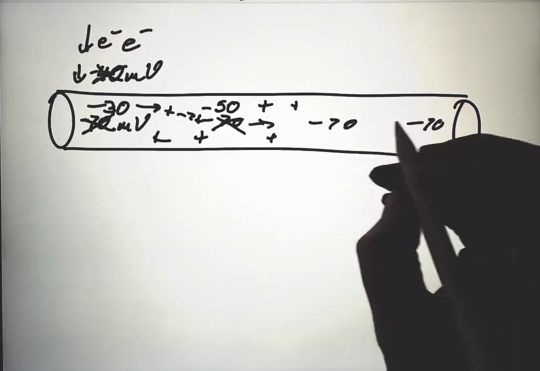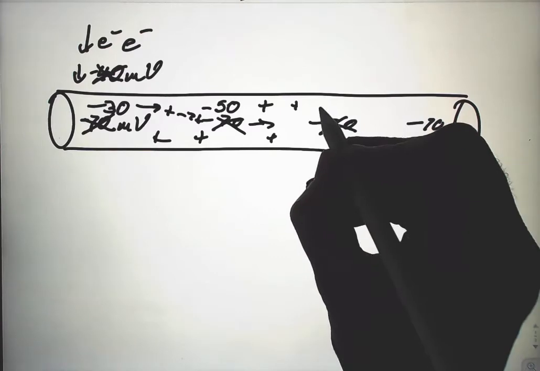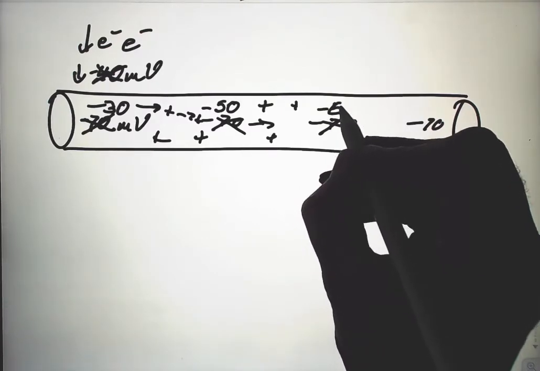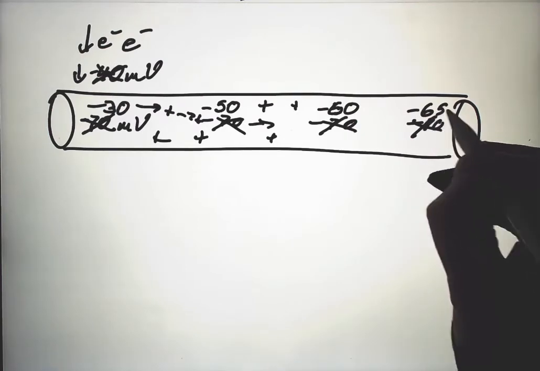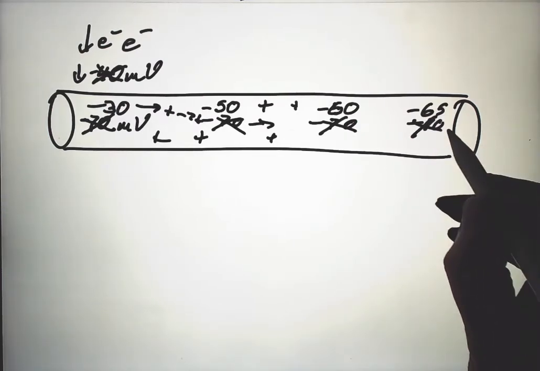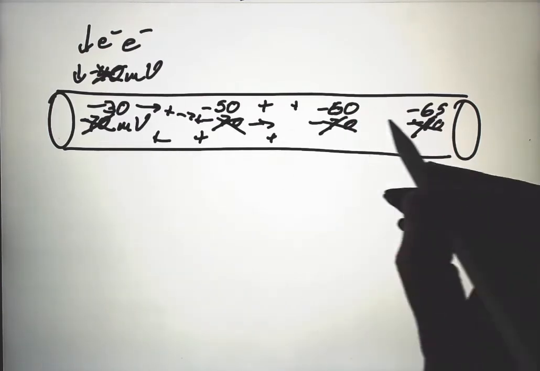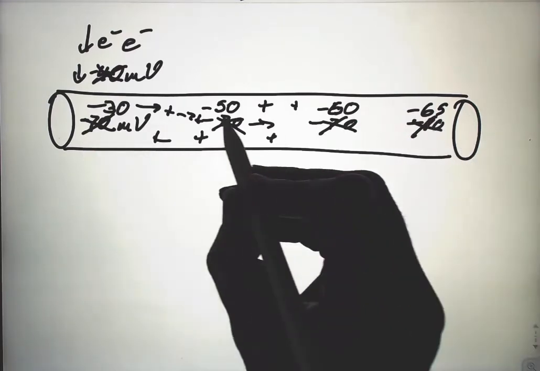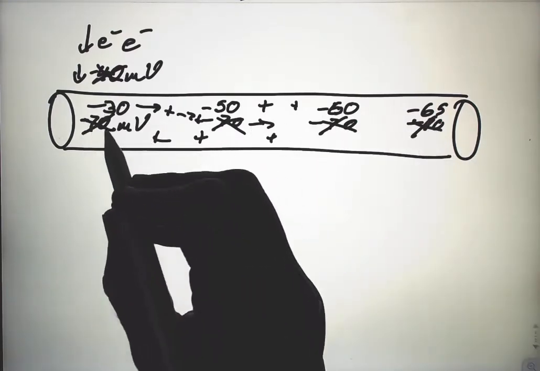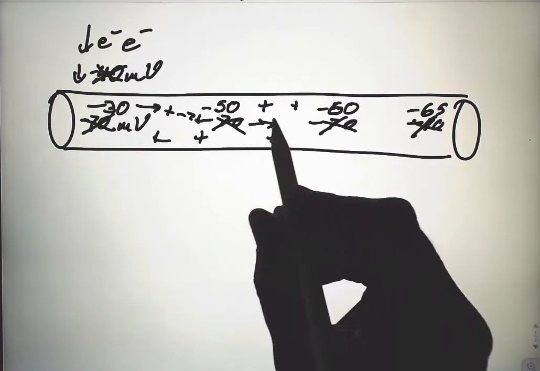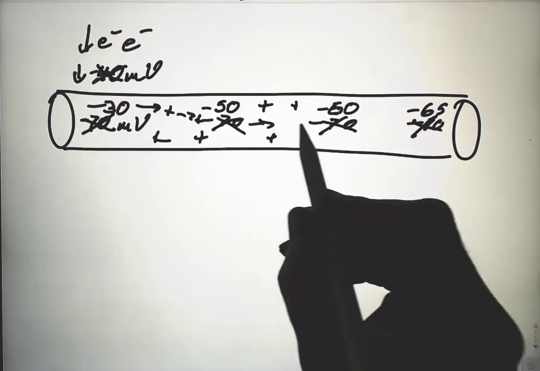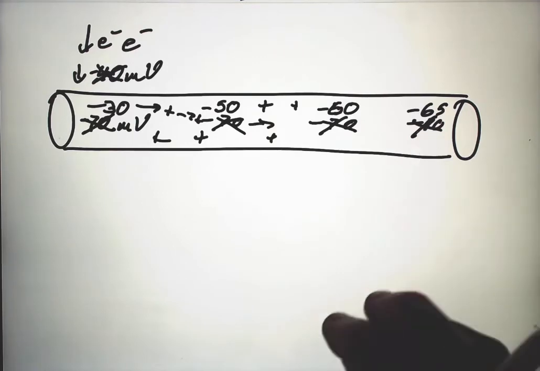Not all the charge gets to the whole region. So this one might get to minus 60, and this one might get to minus 65. If we go far enough, we would no longer be able to detect the change in charge. The charge will spread, and then eventually, in a typical neuron, the normal neuronal processes will bring the whole neuron back to baseline.